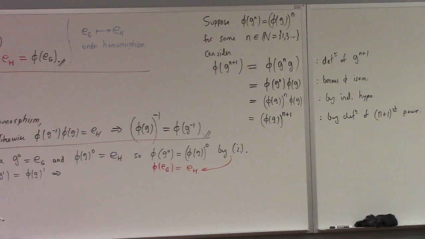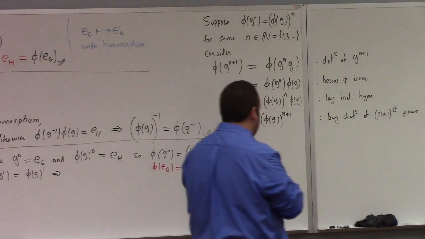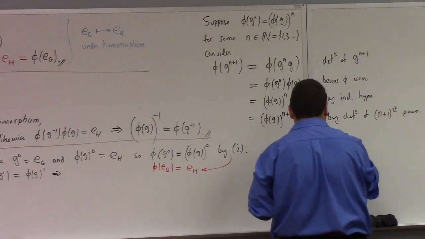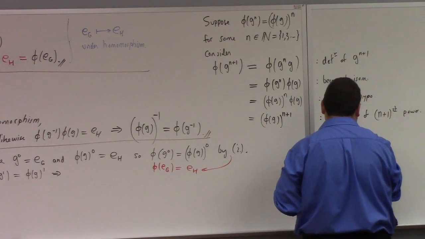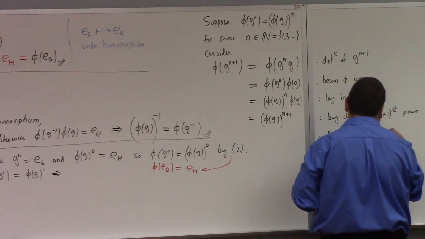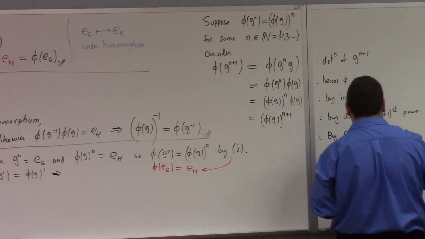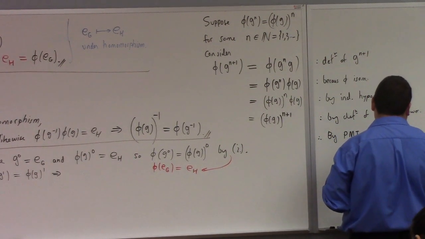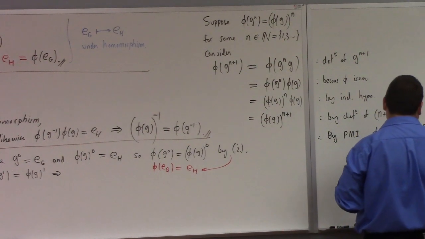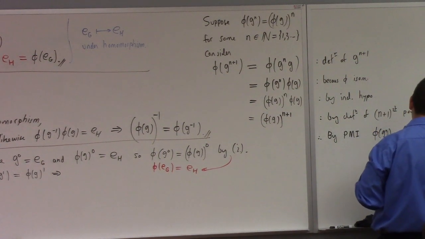We've shown that the claim of 3 is true for n plus 1 if it's true for n. So by proof by mathematical induction, it follows that 3 is true for all positive integers. Therefore, by PMI, phi of g to the n is equal to phi of g to the n for all n in the natural numbers.